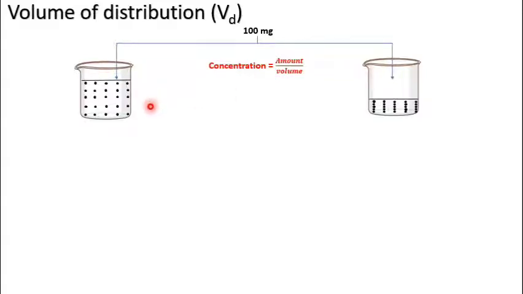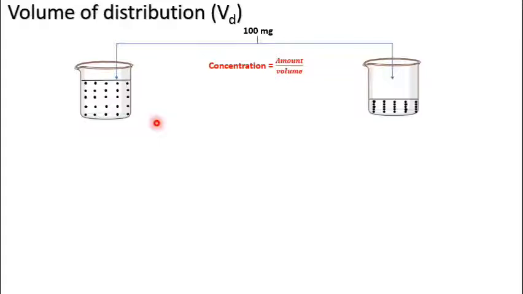And as we can see now, the solution in the beaker on the left looks diluted, while in this beaker it looks concentrated. And that's because the volume of water in the beaker on the left is more than that of the beaker on the right. And by looking at the equation of concentration, we can find that volume is inversely proportional to concentration.